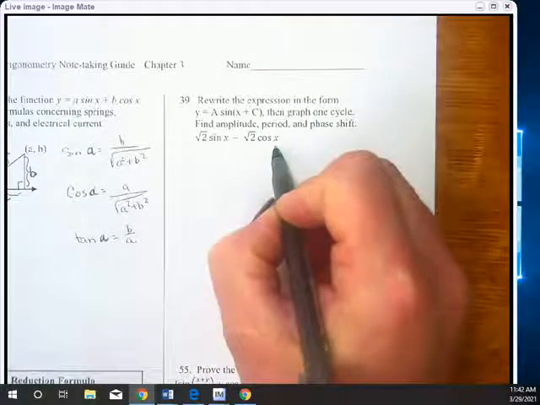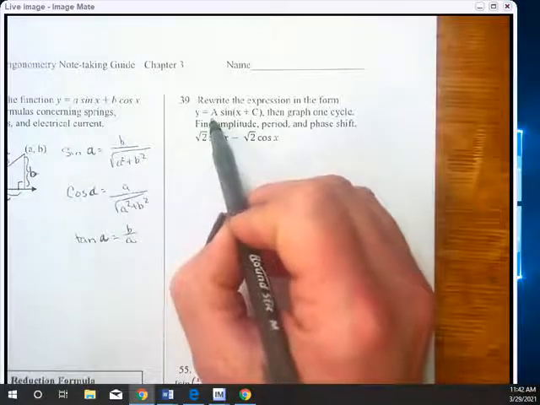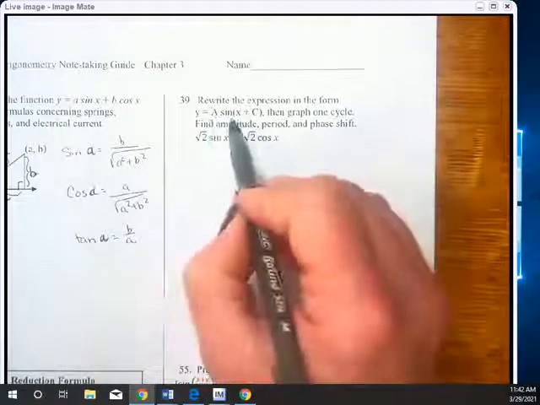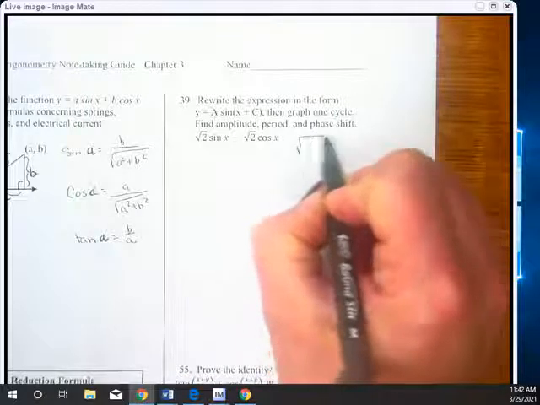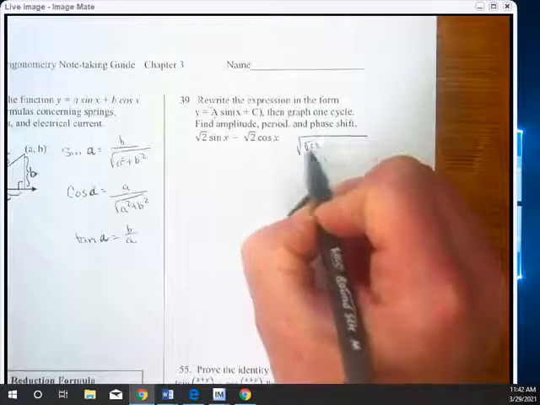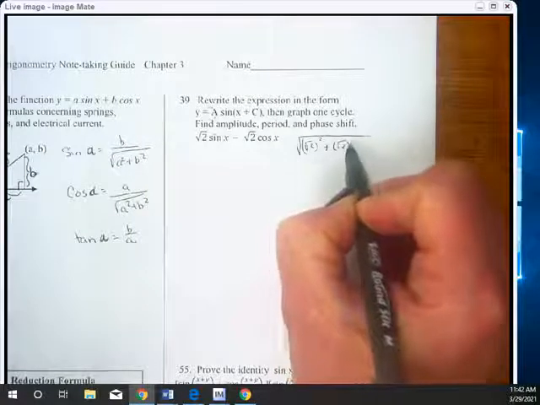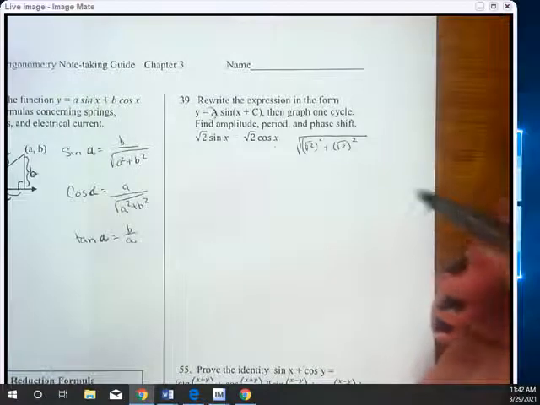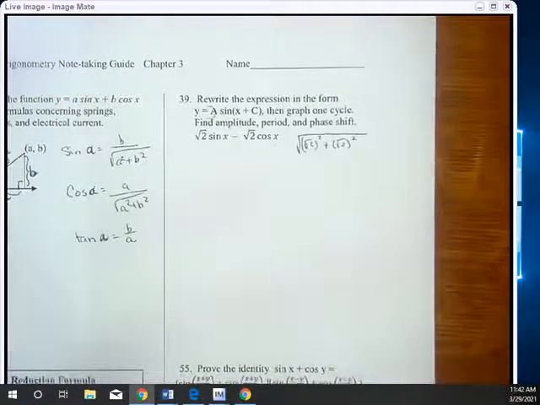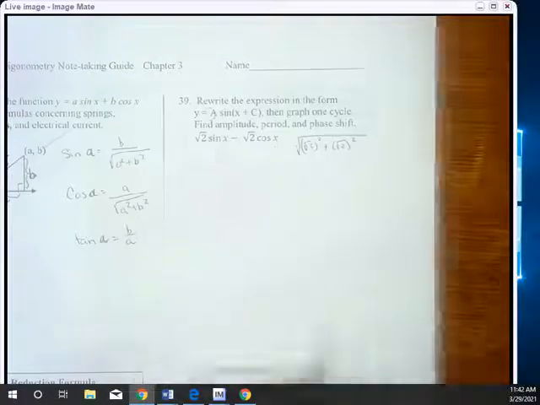Yes? Okay, so if we're going to rewrite it in A, that's the amplitude, sine of x plus C, what is my A and B? We're trying to find the A and the B value. Well, look at your reduction.